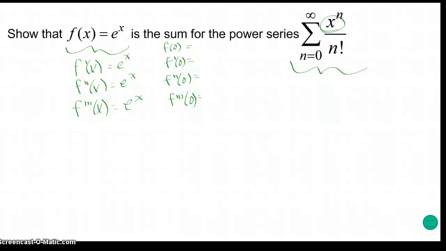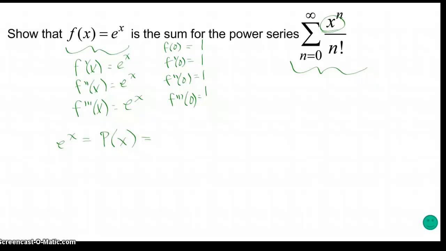e to the 0 is 1, 1, 1, 1. All of those are 1. So none of them go to 0. That should be enough for us to generate the power series for e to the x.